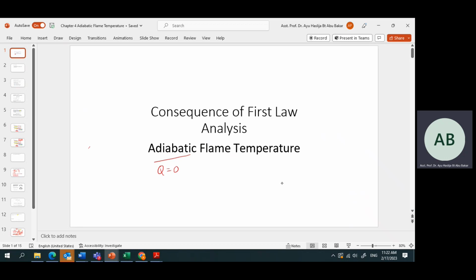For adiabatic, it will be product equals reactant. Last time we had H product minus H reactant. So in adiabatic, where Q equals 0, you will see product equals reactant. In this chapter, you will need to predict the adiabatic flame temperature.